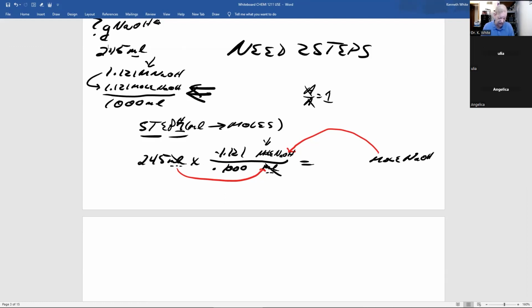So now I'll turn on my calculator, clear it from the last problem: 245 times 1.121 divided by 1,000. And my calculator gives me this number.